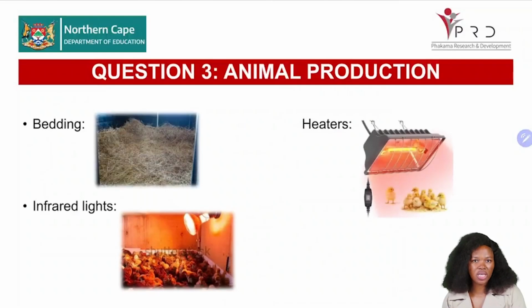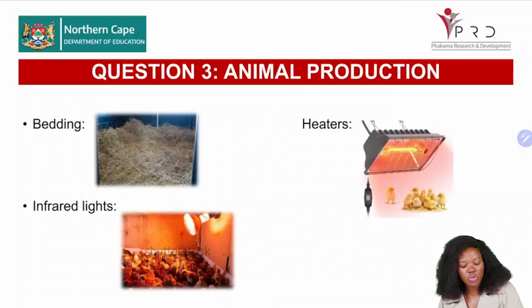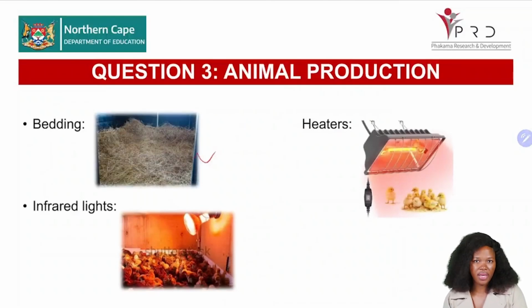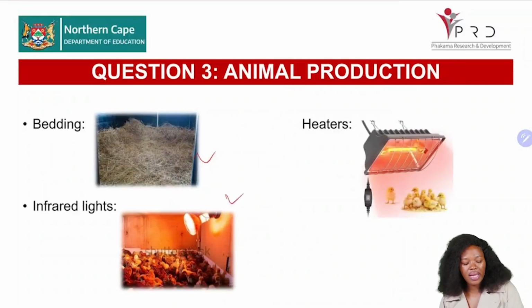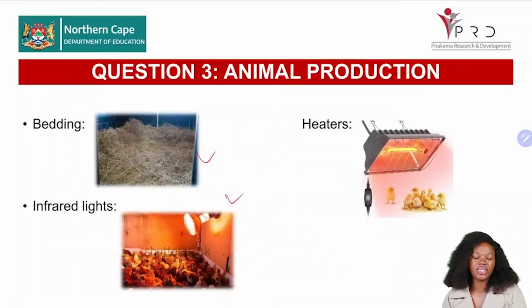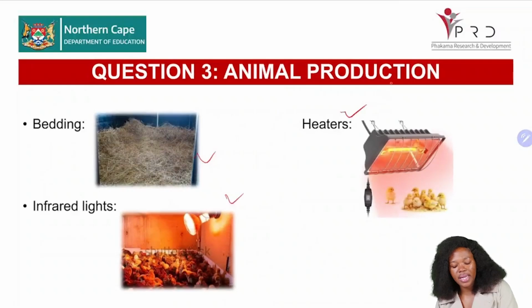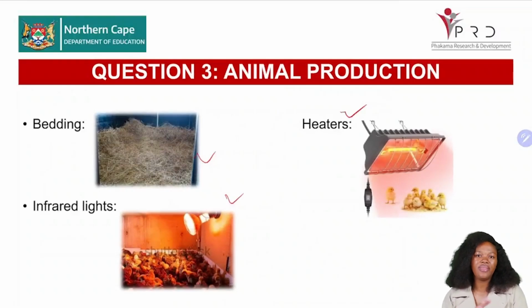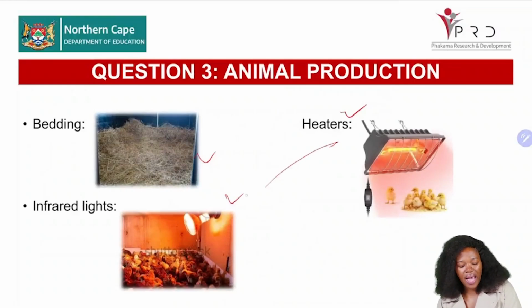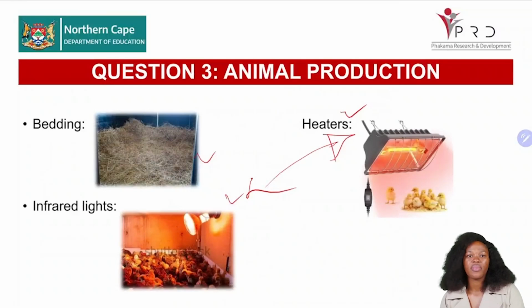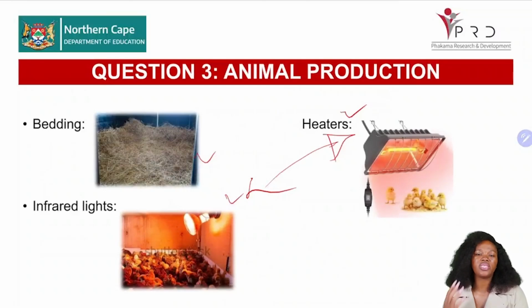Inside the shelter, we also require what is known as bedding. We need infrared lights to regulate the temperature. We need heaters also to regulate the temperature. Infrared lights and heaters are more needed when the temperature is low, when animals are experiencing hypothermia or cold stress.